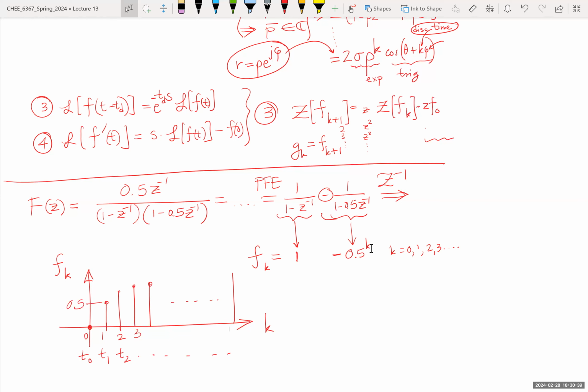So squared is 1/4, cubed is 1/8, 1/16, 1/32, 1/64, blah, blah, blah. As k goes to infinity, where does that 0.5 to the k go? 0, exactly. And 1 minus 0.5 to the k goes to 1. So this is the final value to which this goes asymptotically.